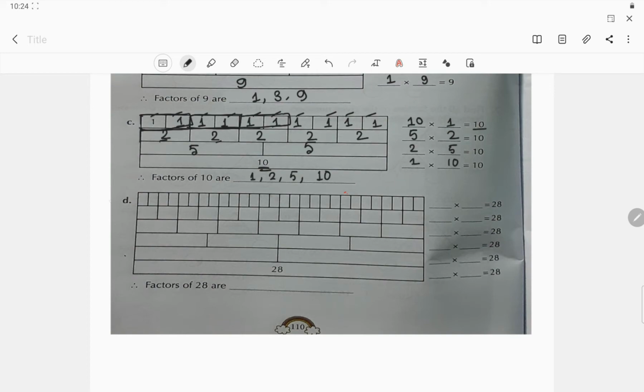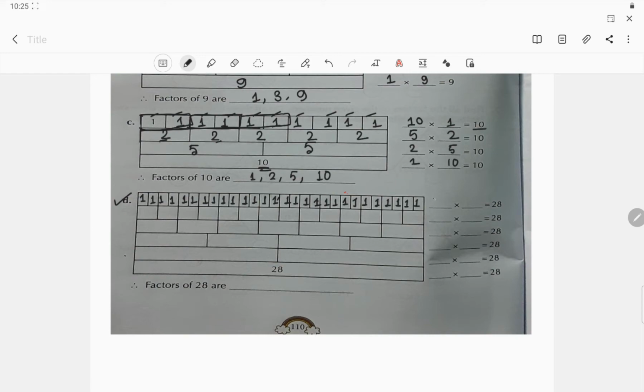So similarly, in question number D, I am applying the same logic. In the first box, it will be 1. How many ones will come? 28 ones. Because the number is 28. If you count, you can check, there will be 28 ones.